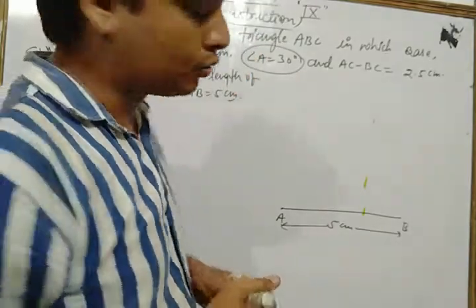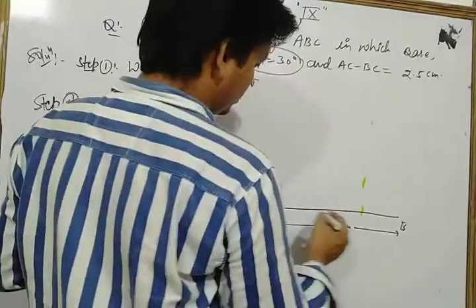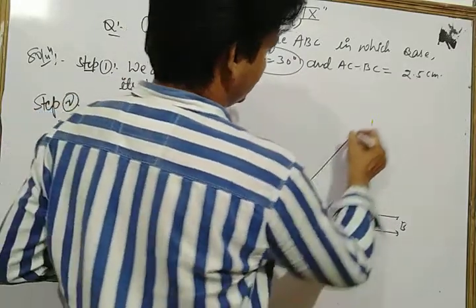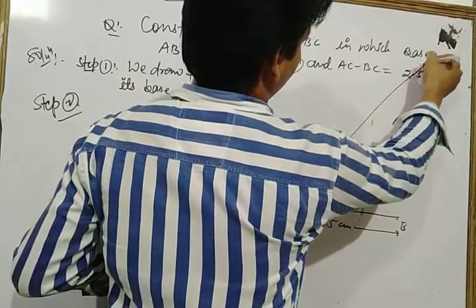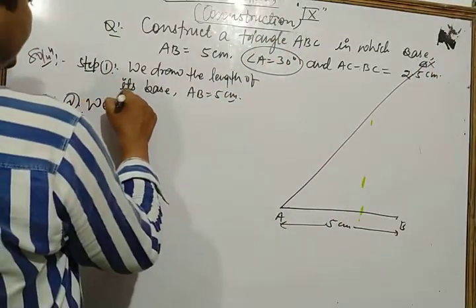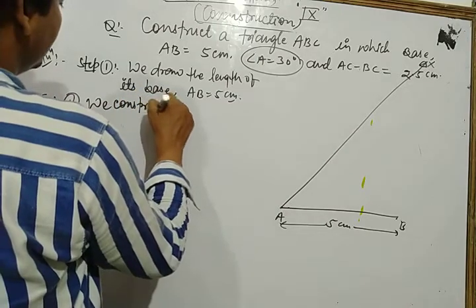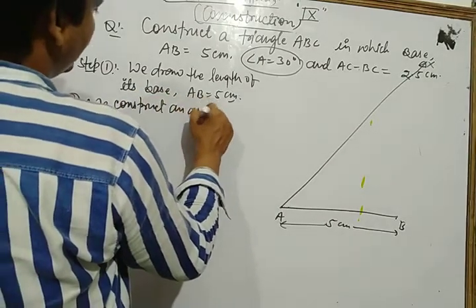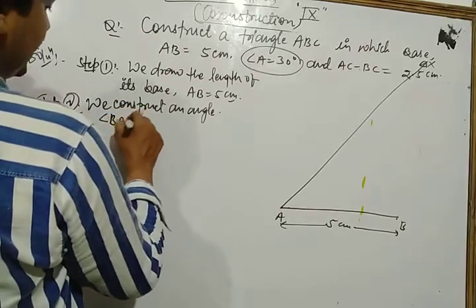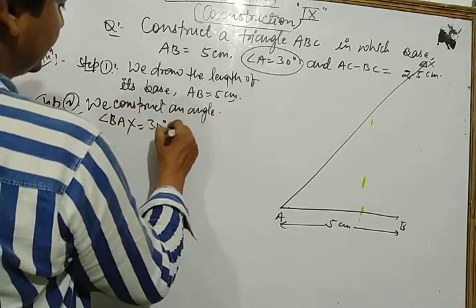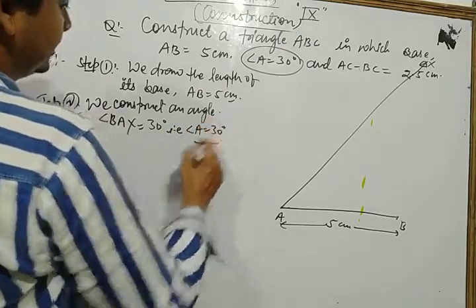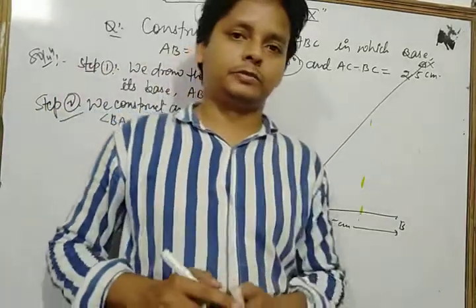So dear students, first of all you construct the angle. Suppose this is ray AX. So we construct an angle BAX equal to 30 degree, that is angle A equal to 30 degree. This is your second step.